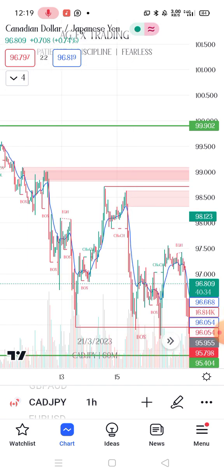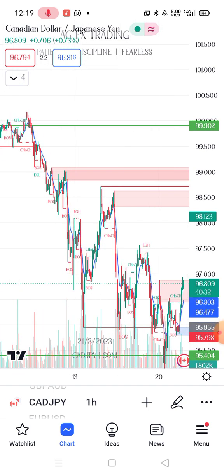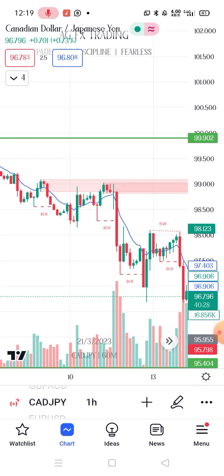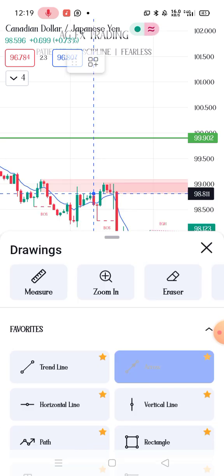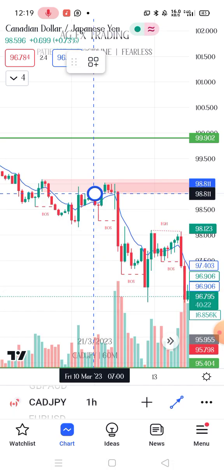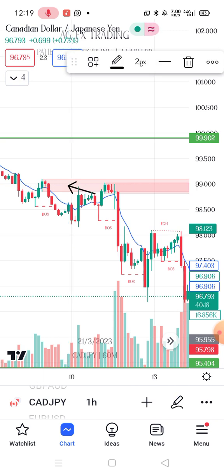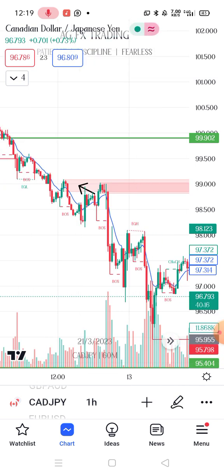This right here is a bearish order block. Let me indicate so you would see. Yeah, this is a bearish order block.